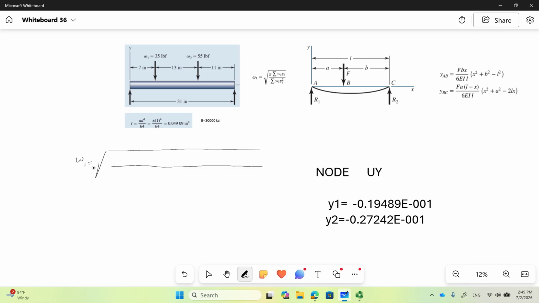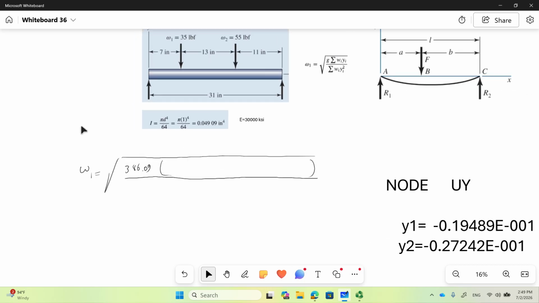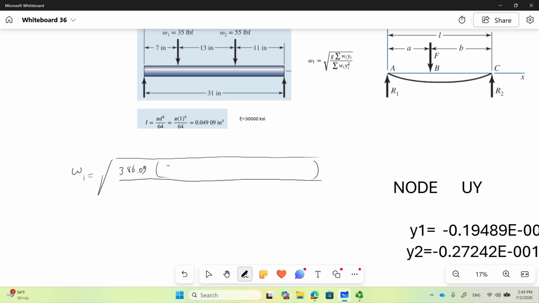Okay, 386.09, then times this guy. Alright, so weight 1, 35 times 0.0, the sign doesn't matter by the way, and then plus 55 times 0.02724.